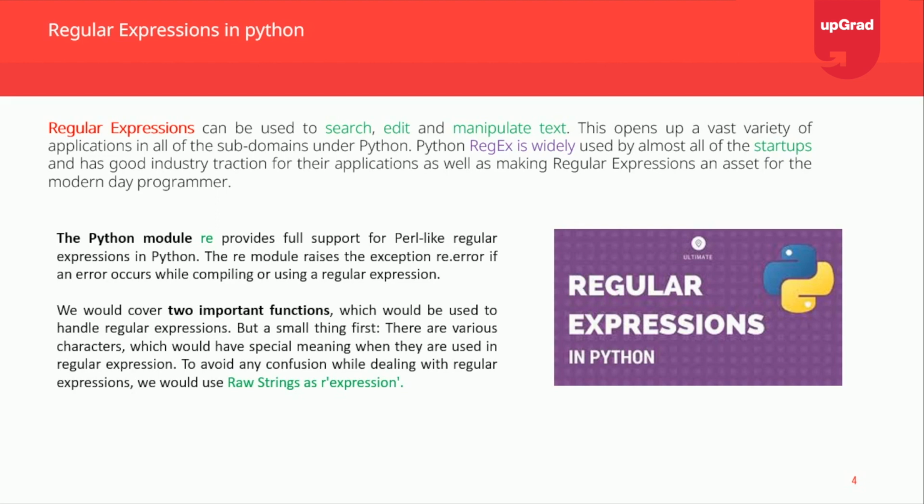So let us start with a demonstration here, and let us try to understand how we can use the re module for finding the data, or for searching the data, or for manipulating the text. For the demonstration purpose, I'll be using the Jupyter notebook here. Let us start with the demonstrations here.